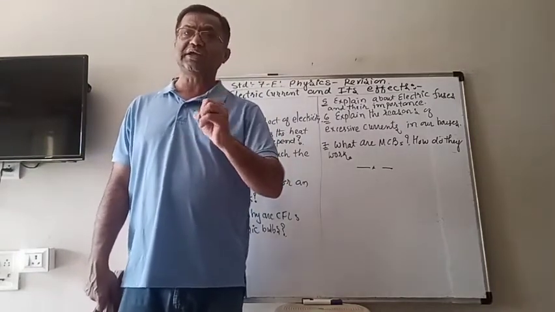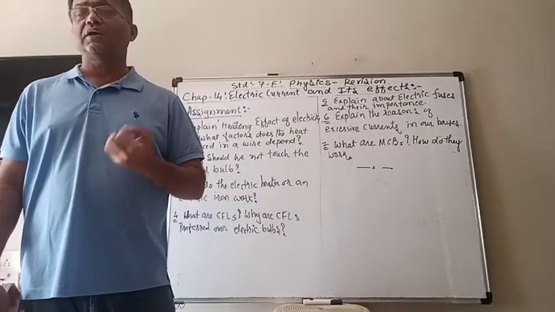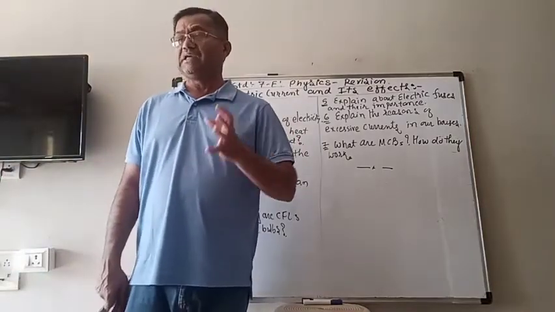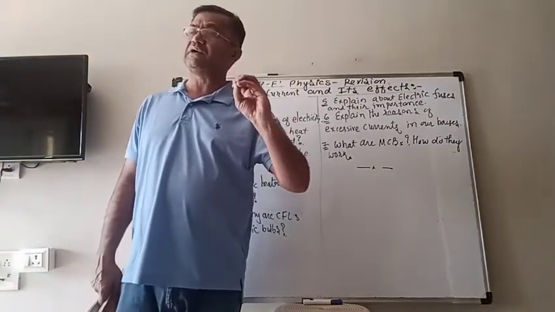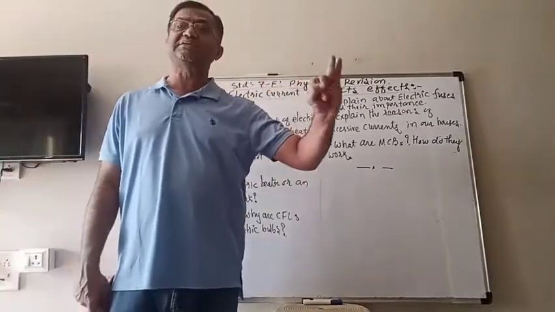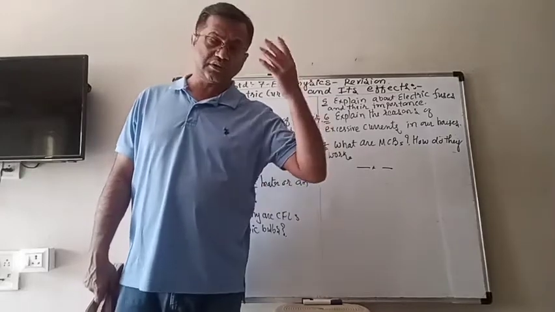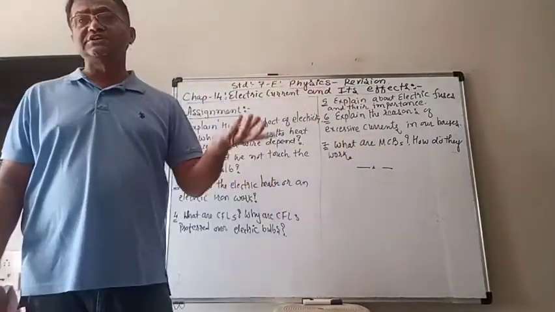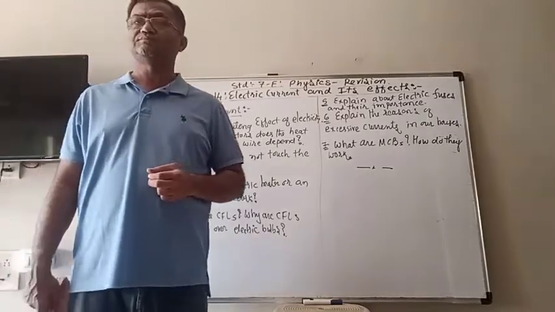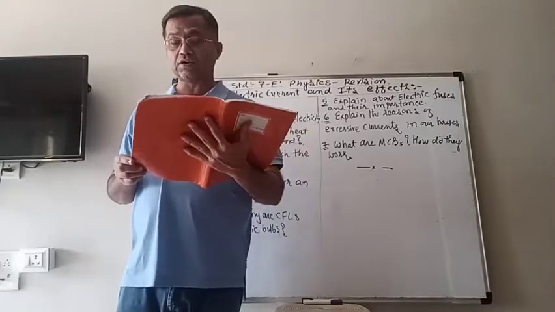Otherwise, there can be some accident, overloading or short circuit, etc. Therefore, not only for CFLs, but for any electrical appliance you buy, electric kettle or electric geyser or whatever, even the smallest thing, you have to look for the ISI mark on it.